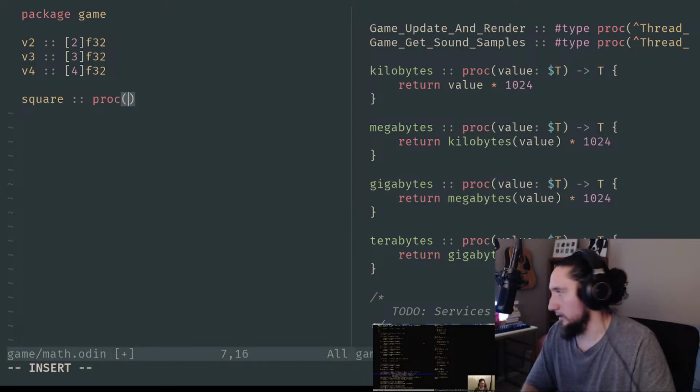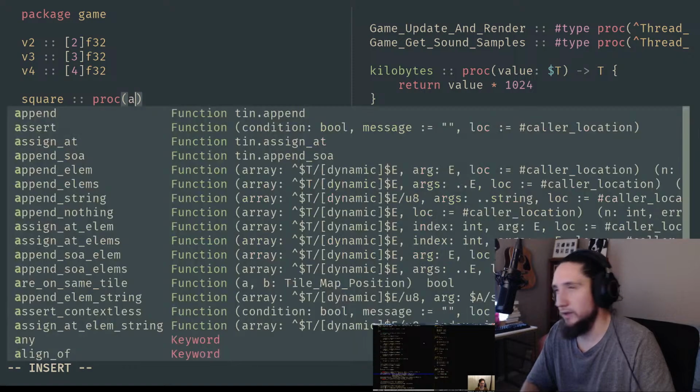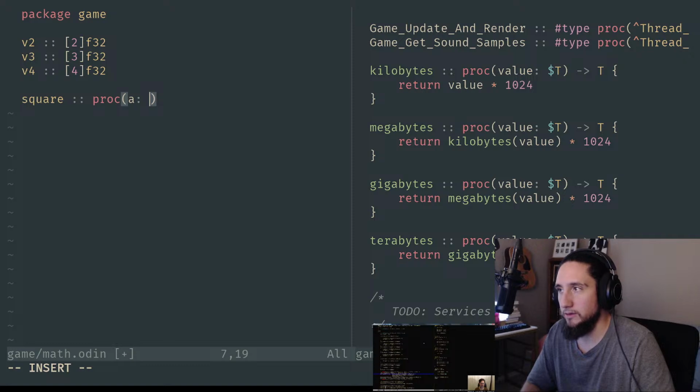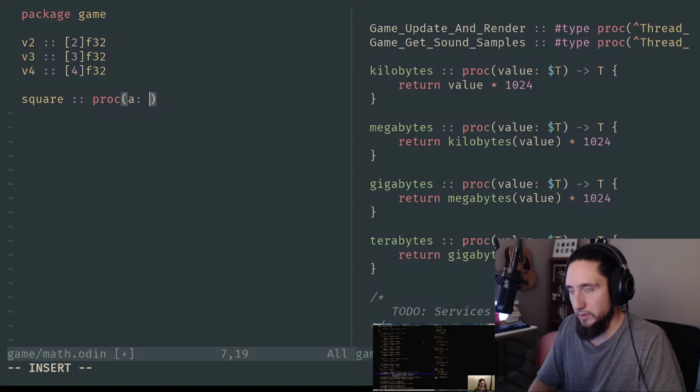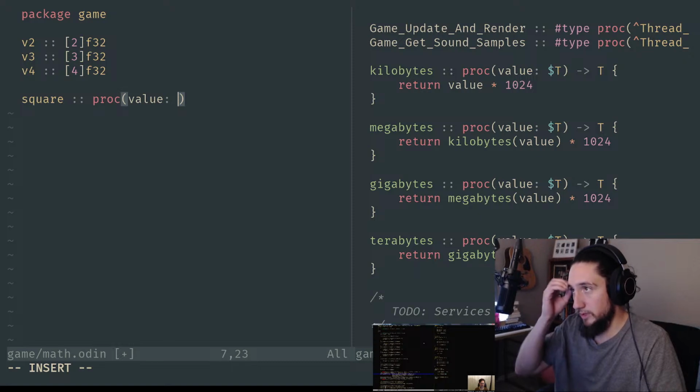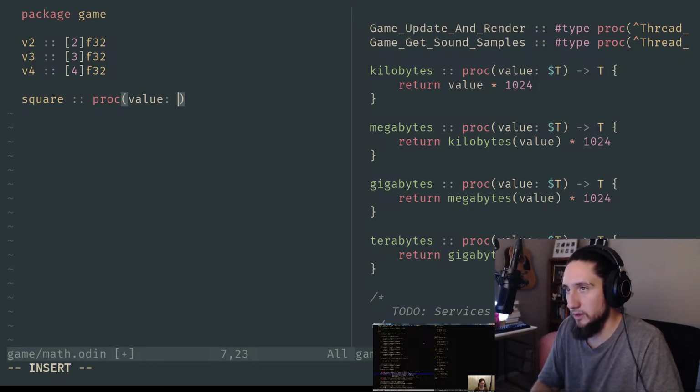But anyway, I can look at those and know how to implement this. So I've got my value here, my value A, and it's going to be, well, should I just call it value? That's what I'm doing for these. I think he defines macros for these kilobytes, megabytes, gigabytes, etc. Procs, so he doesn't have to.